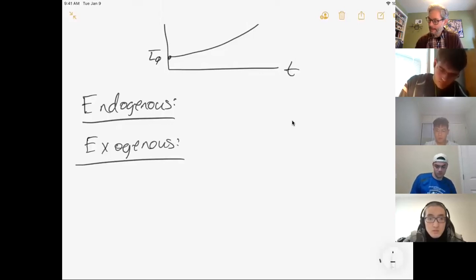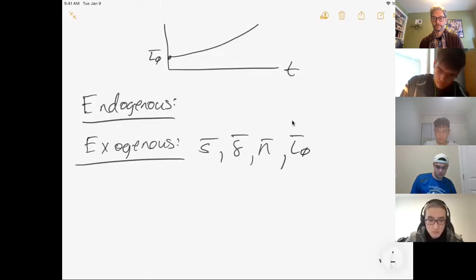So this would be S bar, delta bar, N bar, and our initial population. And then what is endogenous?